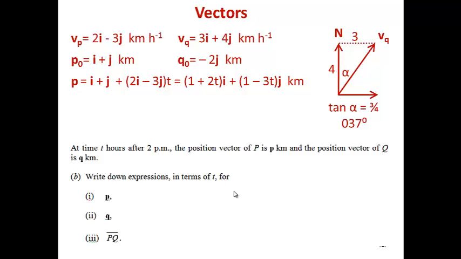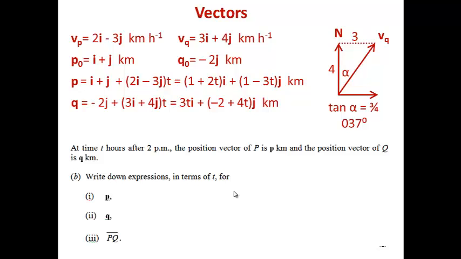Similarly for Q. Q is minus 2j, that's its position when t equals 0, plus 3i plus 4j times t. We reorganise that equation in the same way, so that Q equals 3t i plus minus 2 plus 4t j. We can calculate the position vector of P and Q at any time t hours.